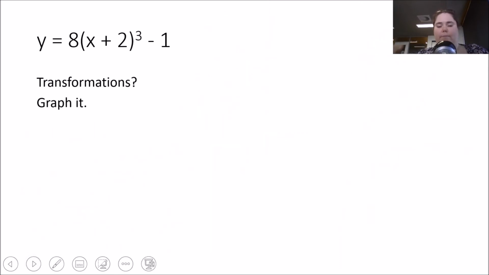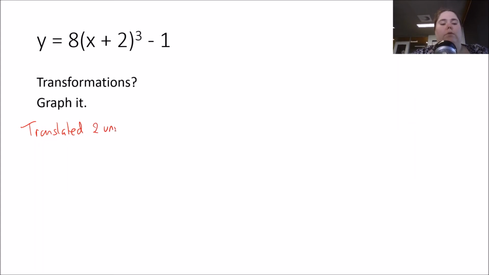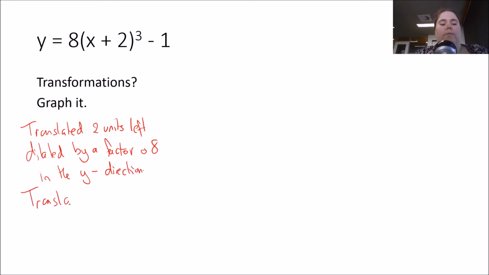So here's another one. So once again, the transformations. Well, for this one we have translated 2 units left, dilated by a factor of 8 in the y direction and translated 1 unit down.